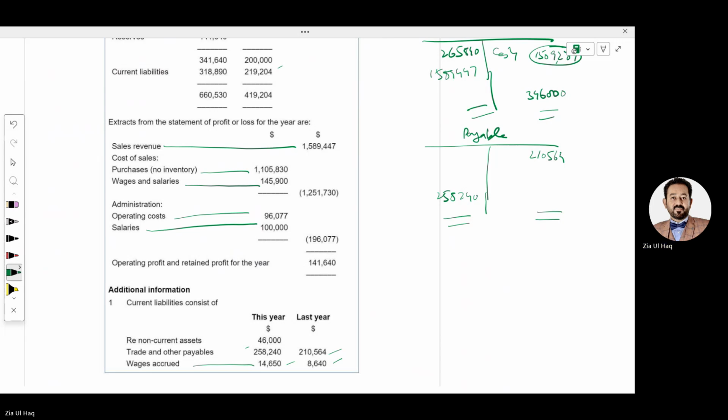Yes, 1,105,830. What is the balancing figure of cash payment?